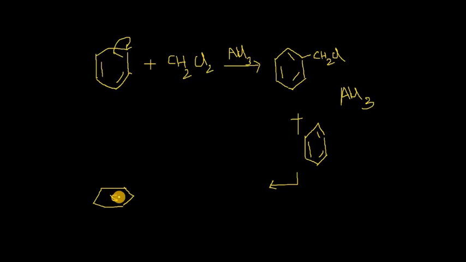So you can write benzene with the double bonds inside like a ring, and here CH2, and the second benzene nucleus you take, it will come like this.